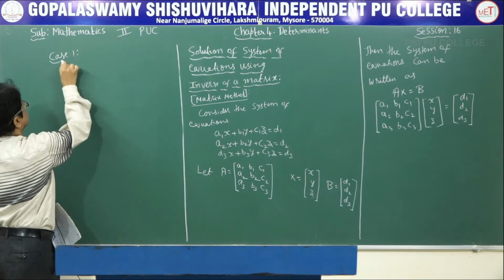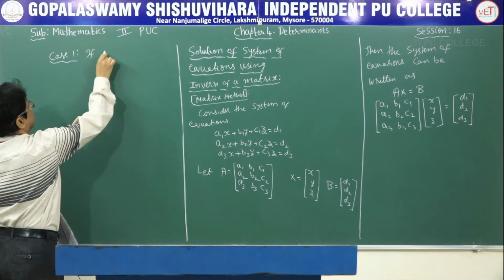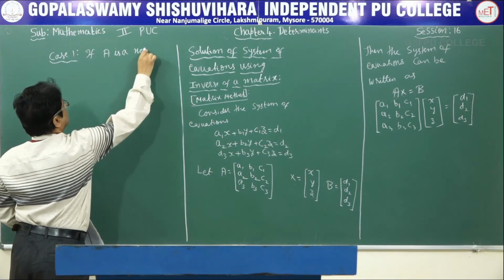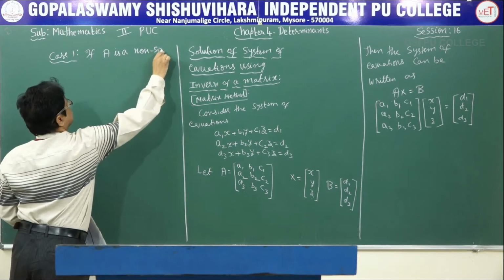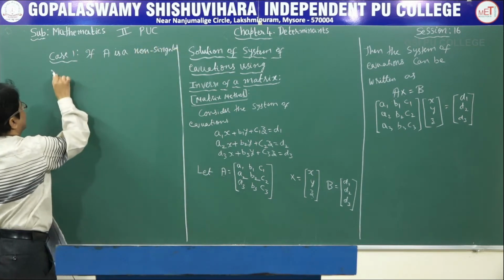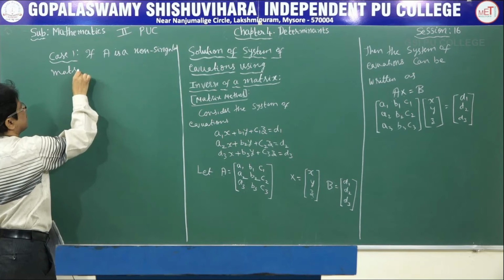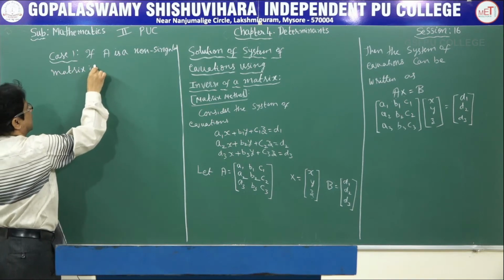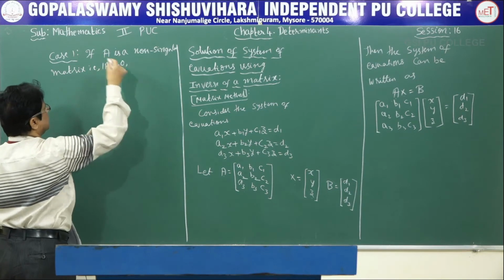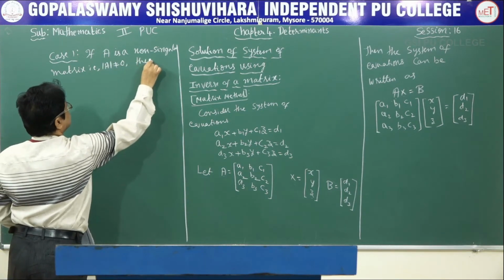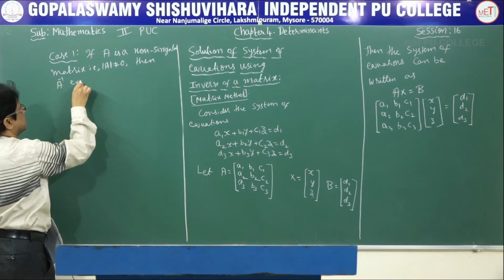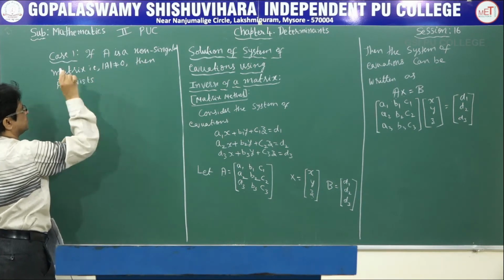Case 1. If A is a non-singular matrix, that is determinant of A not equal to 0, then A inverse exists.